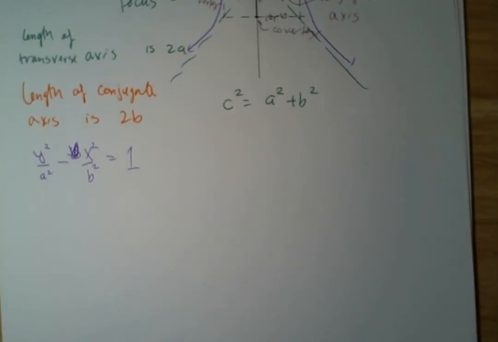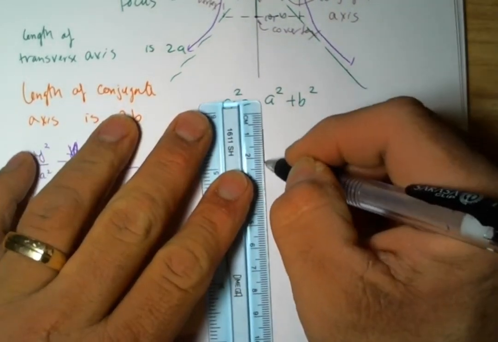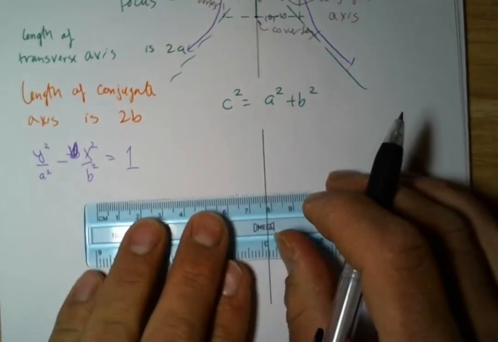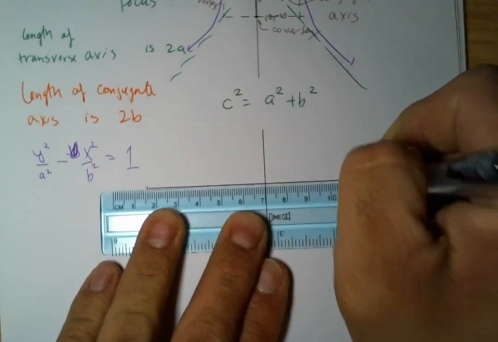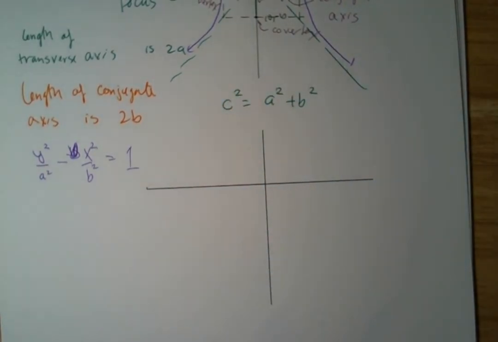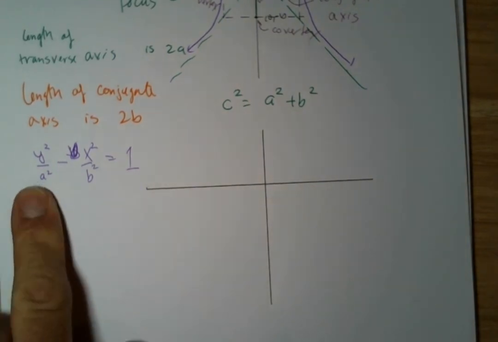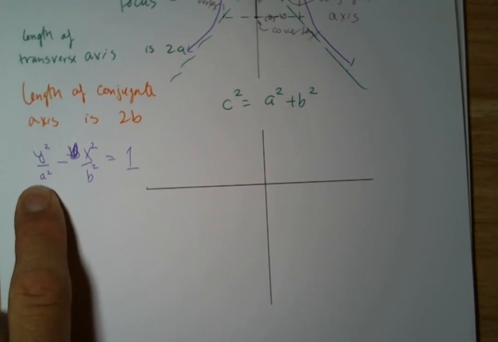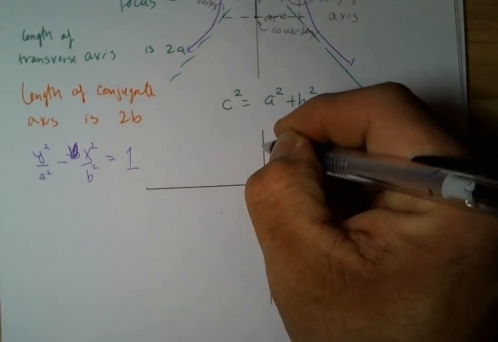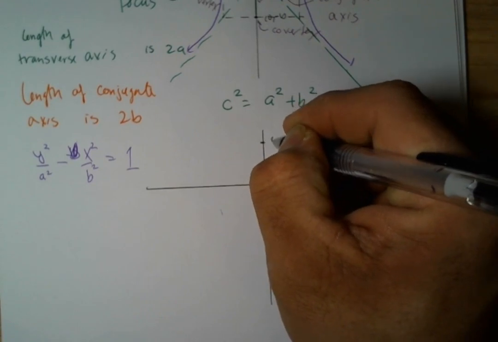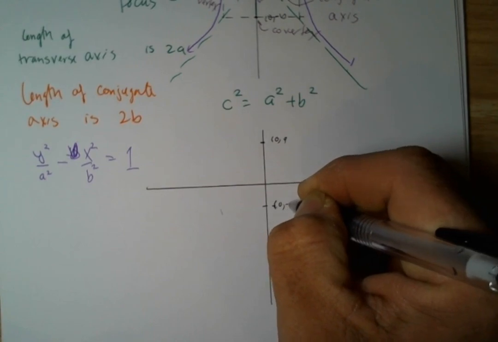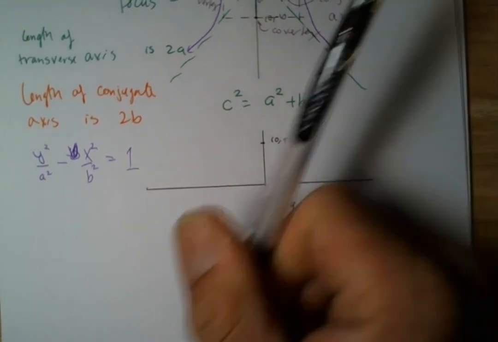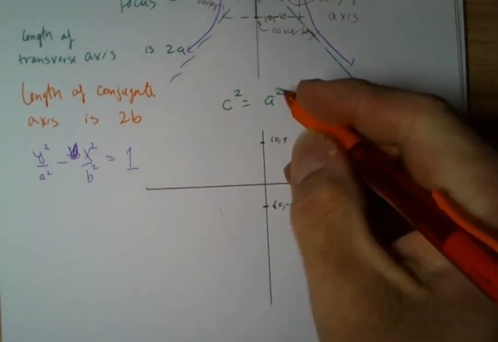So if I draw what that would look like, in this case this a is now attached to the y. So my a will be here, and then 0, minus a here. So this will now be my transverse axis.